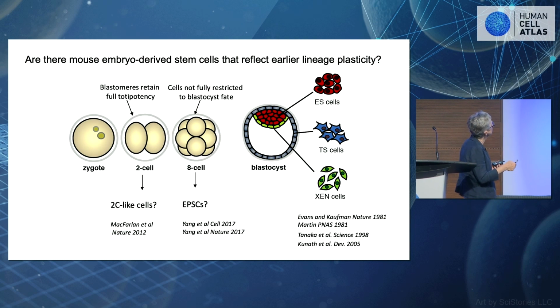But these cells are different. Tu Yang et al., from different groups, Pentao Liu's and Hongkui Deng's labs, in 2017, both published what they called extended or expanded potential cells that they said reflected, in gene expression patterns, something more like the 8-cell stage, and they both claimed that they could get contributions to the trophoblast when they put them in chimeras.